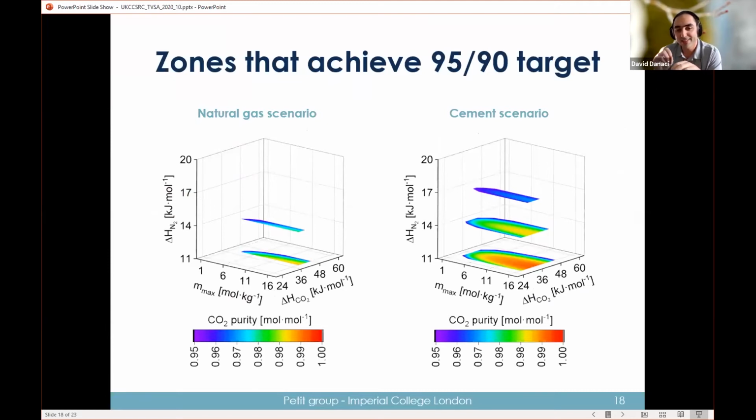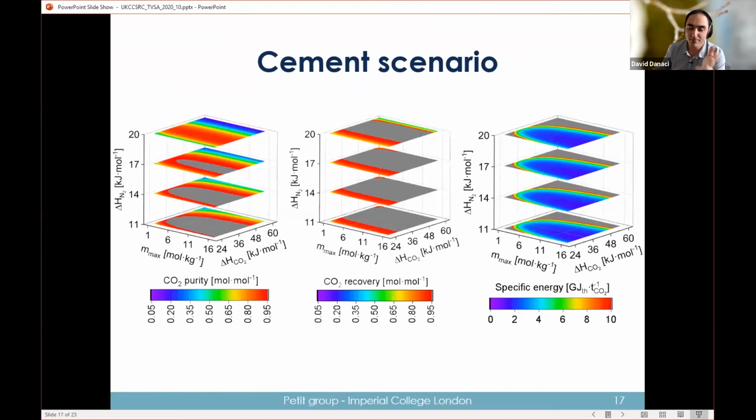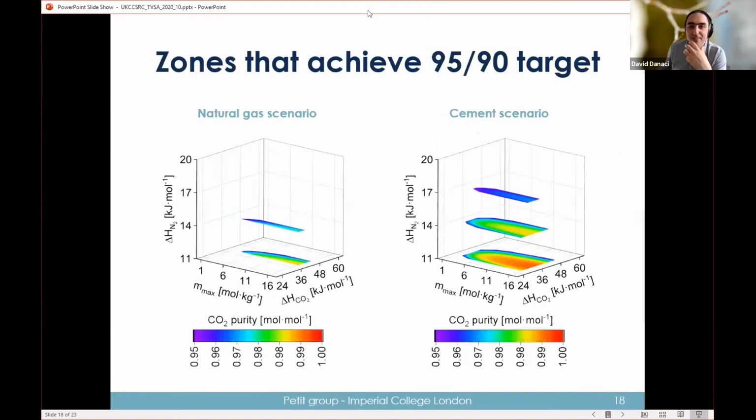So to then go from there, the question is, well, out of those maps, which areas achieve the 95% purity and 90% recovery target? And that's this cross-section here. So although a lot of the areas are good performing, the best performing areas are a limited subset.